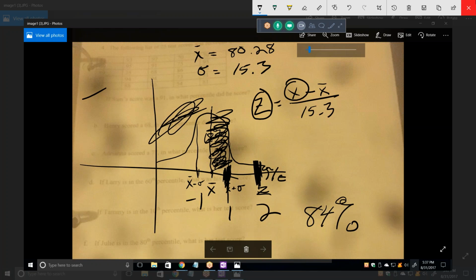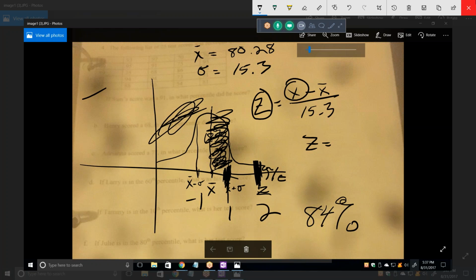I'm pretty much just strictly working on my calculator. Okay, well, here's what we got. If you look in a table, in this particular book, you open the inside cover and you see the Z table, the standard normal probabilities. And I look for 91%, and that Z-score is 1.34.